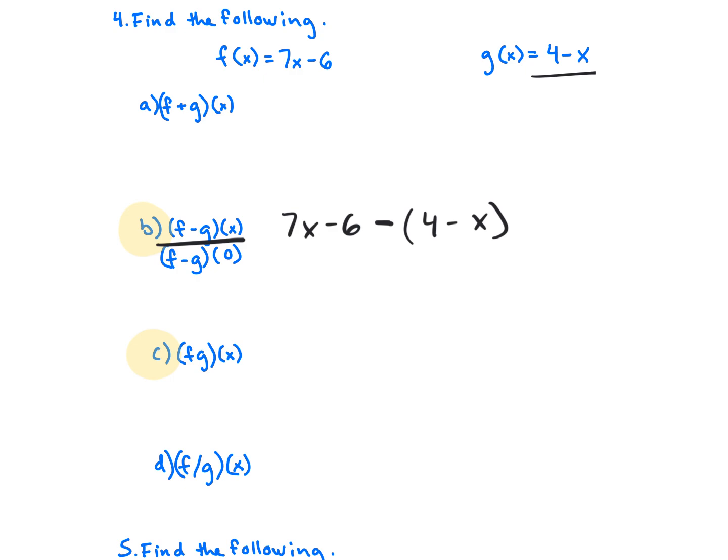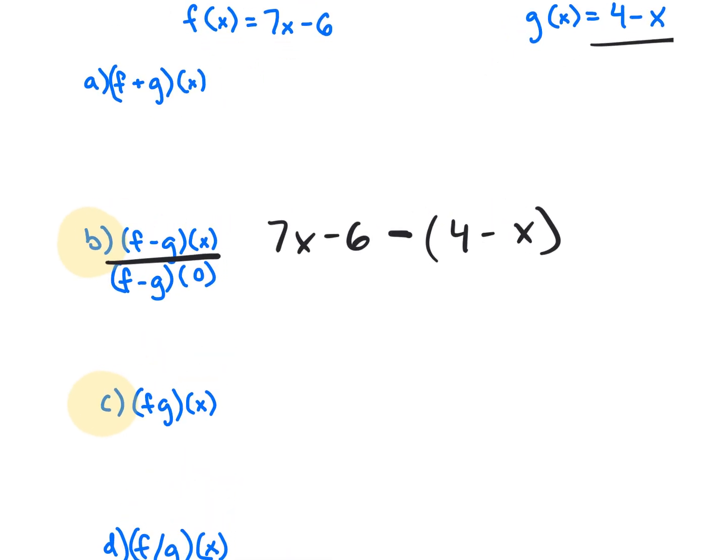Always simplify if you can. So for all of your combinations you want to simplify. What would we do here to simplify? Distribute the negative. So it becomes minus 4 plus x, and then we can combine our like terms.